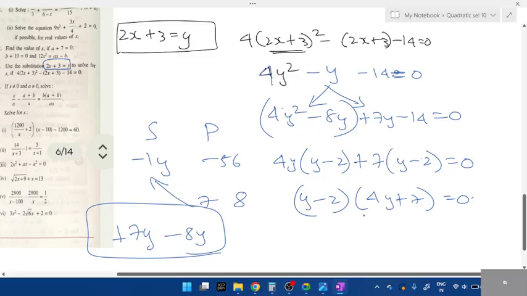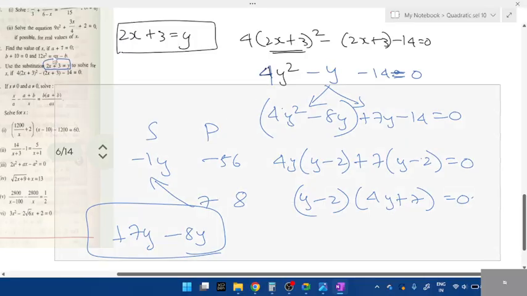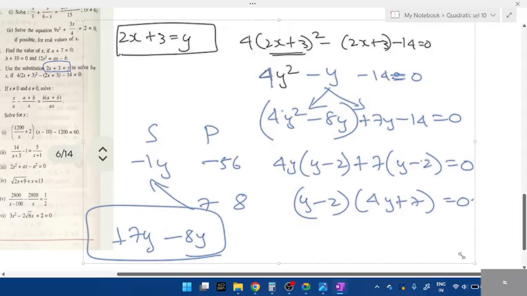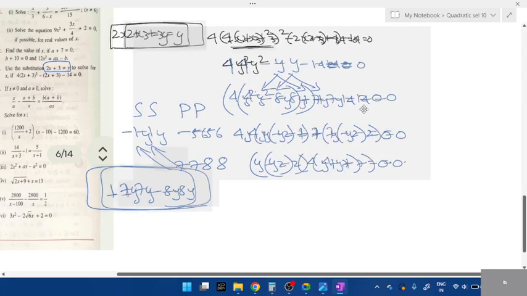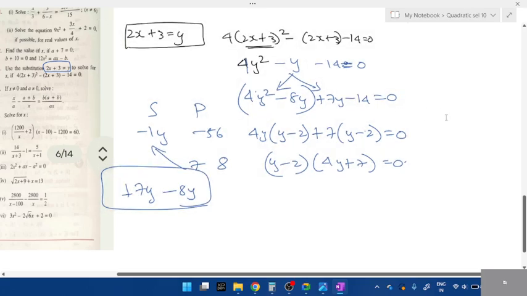Okay, according to zero product, what do you get, students? Not 7. See, if you want, use the product rule, or if you're thorough with that, you can write directly. Y is 2.